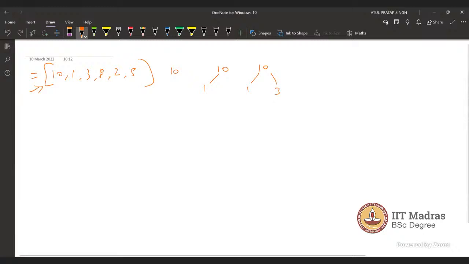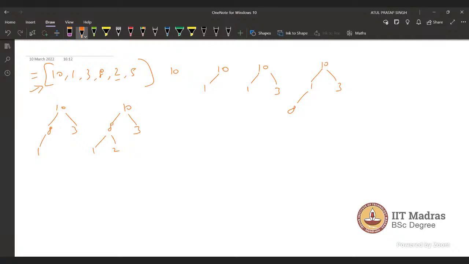Now 8. So 10, 1, 3, 8. Now 8 is greater than 1, so we will swap that. It becomes 10, 8, then 1, and then 3. Now 2. So 10, 8, 3, now 1 and 2. There is no violation.